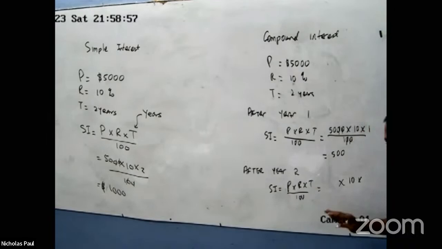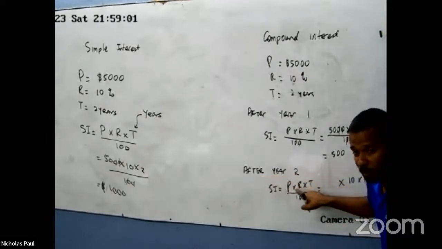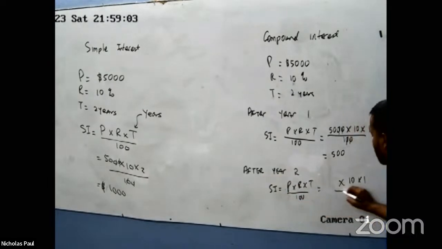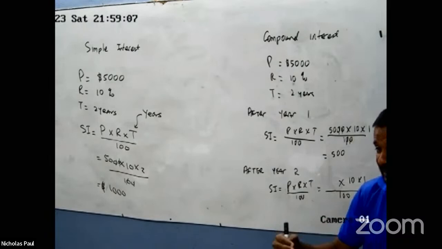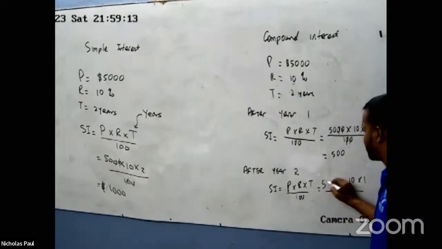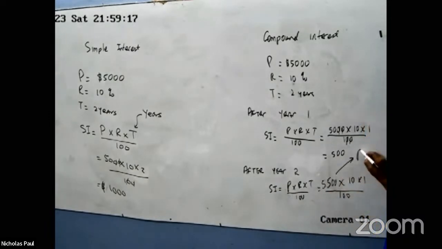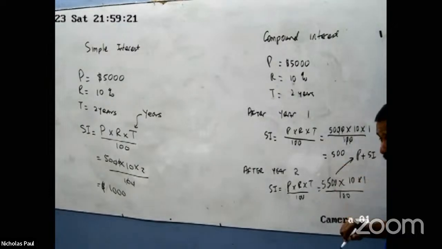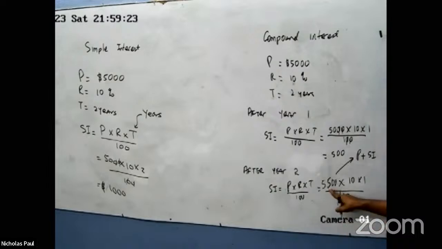Still 1 year because we're trying to find for year 2 alone. Right? But what will change now? At the start of year 2, we have more than 5,000. We have 5,500. Okay? This is the principal plus the simple interest from the first year. Okay with that? So 5,500 by 10 by 1.